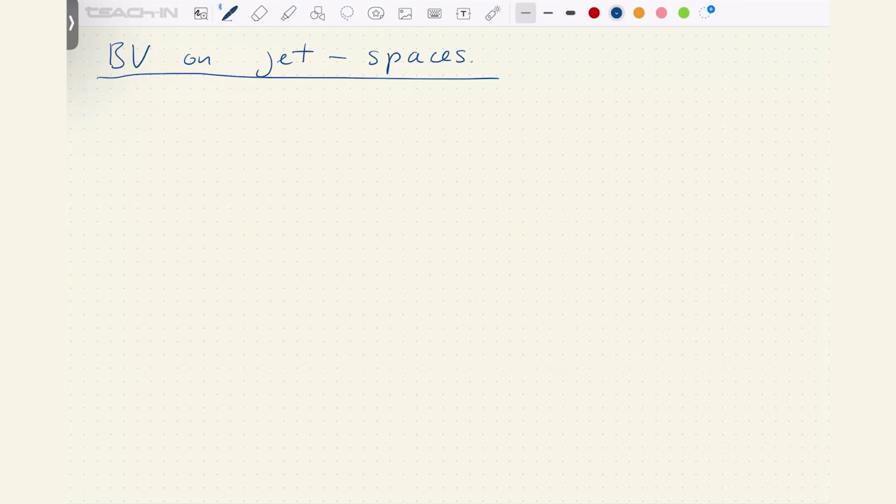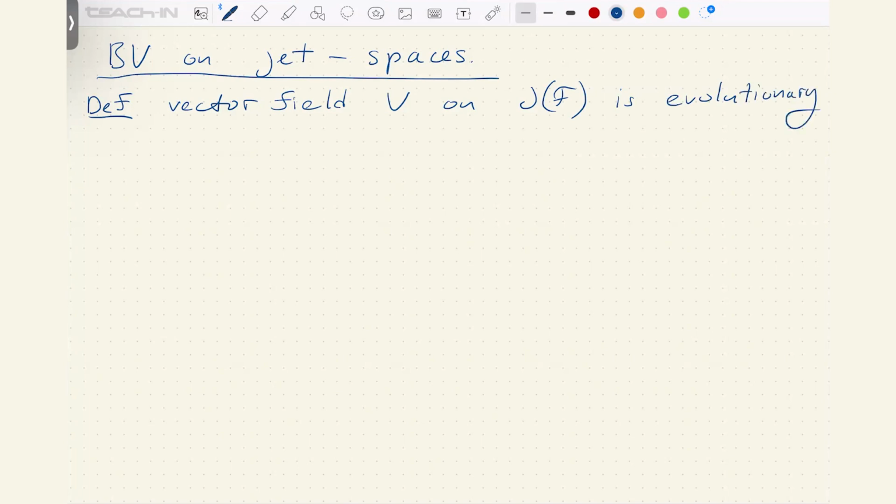Let me first give a definition: a vector field V on J of F is evolutionary if V commutes with total derivatives, and V is vertical, which means that it kills space-time coordinates pulled back to the total space.